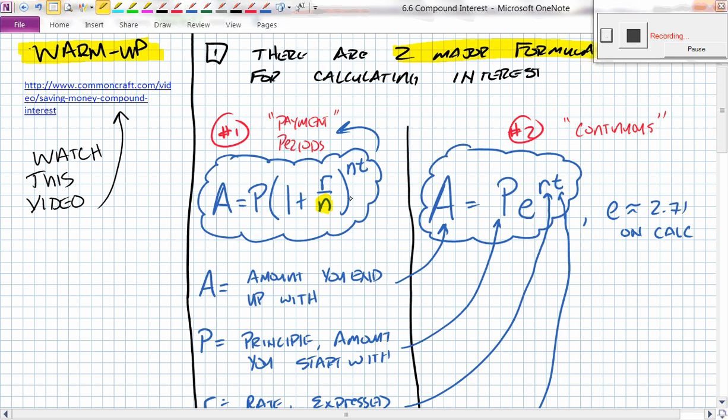The other one is continuously compounded interest, where A is equal to Pe to the exponent of rt. Notice that n is not in this one because we have a continuous base, e, this 2.71 special number that we have studied in the past.